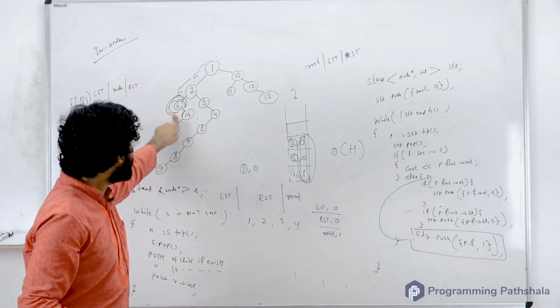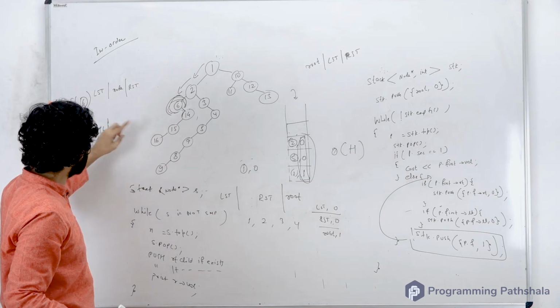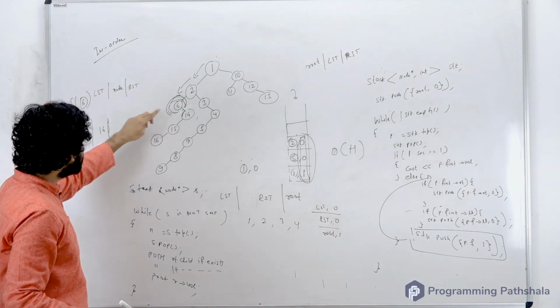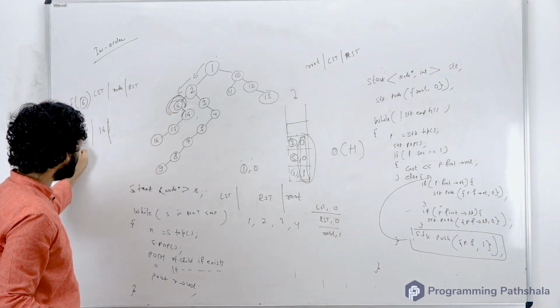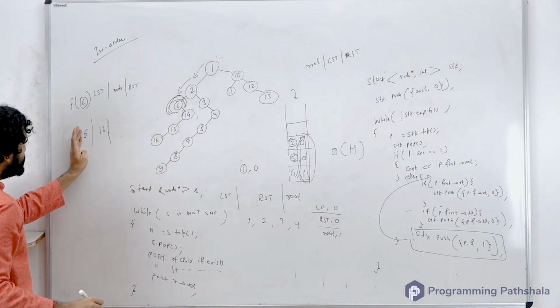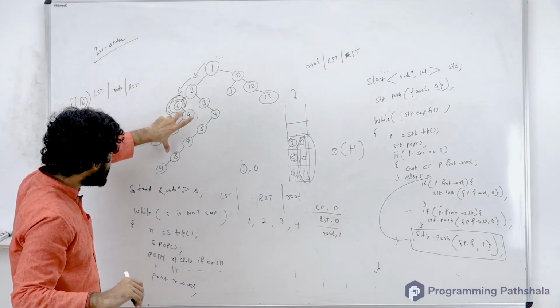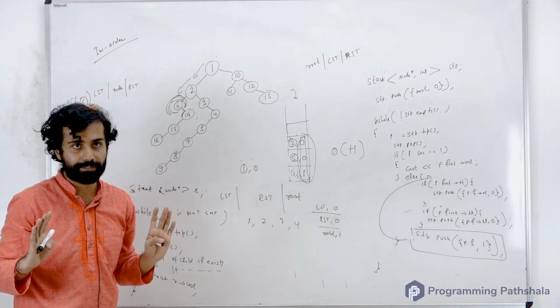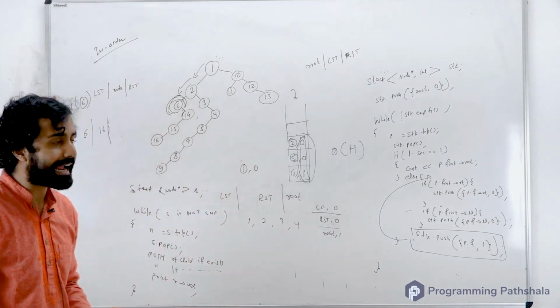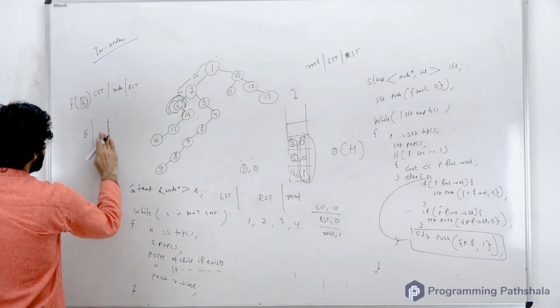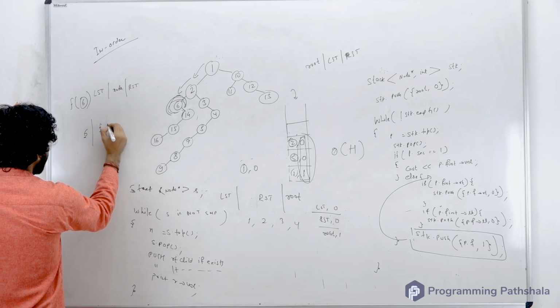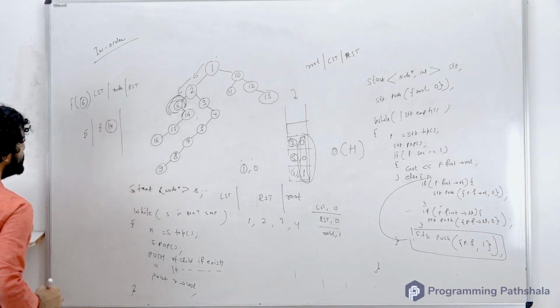Because this node did not have a left child, nothing got printed in the left, and this node got printed first, right? And then two things can happen. Either it has a right subtree or it does not have a right subtree. If it has a right subtree, then the function call would be made for that right subtree, correct?